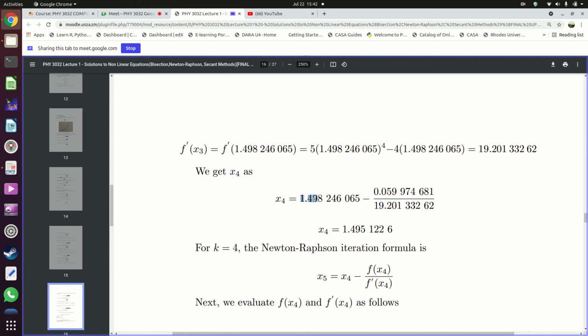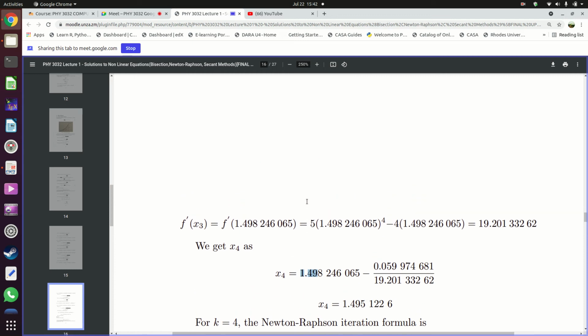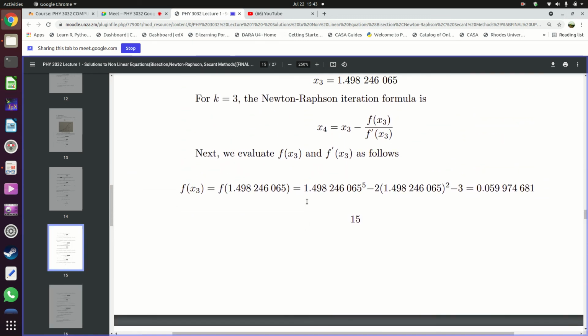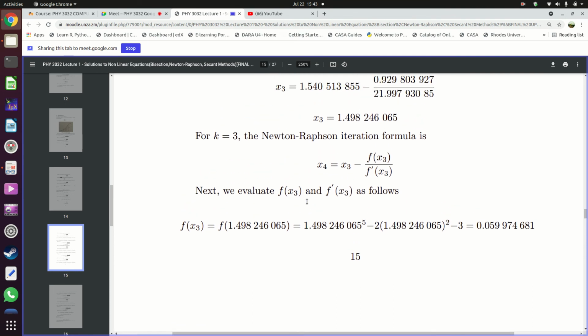So you start seeing something here, that the value of x stops changing too much. Already for x3, the first 3 digits have stopped changing. Our x3 is 1.498246065.